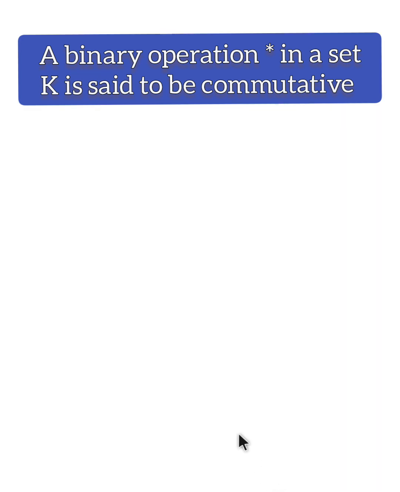Now, let's consider an example. Example 1. Show whether or not the operation defined by the relation below is commutative. This is the relation: P operation Q is equal to the absolute value of the difference between P and Q, all over the product of P and Q. Now we're to show whether this relation is commutative.